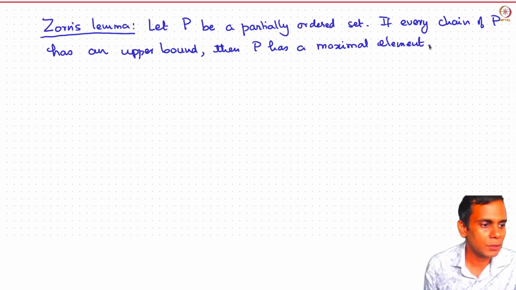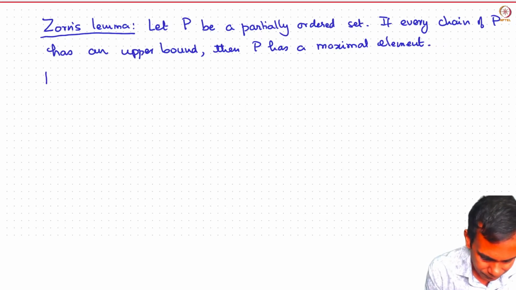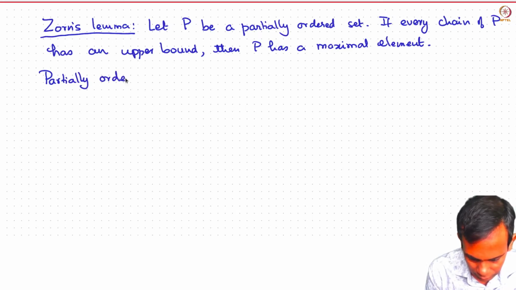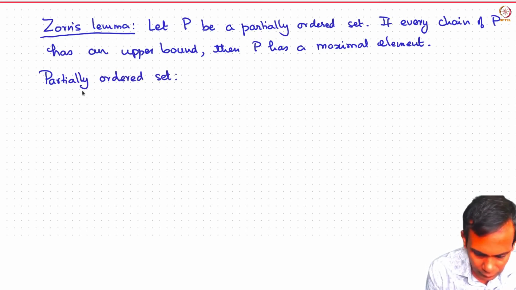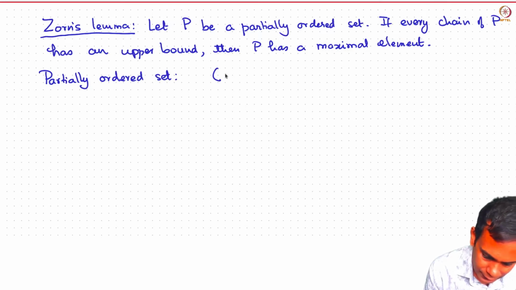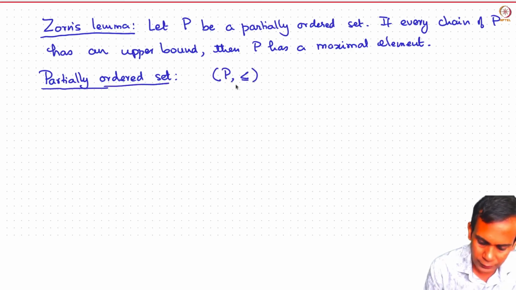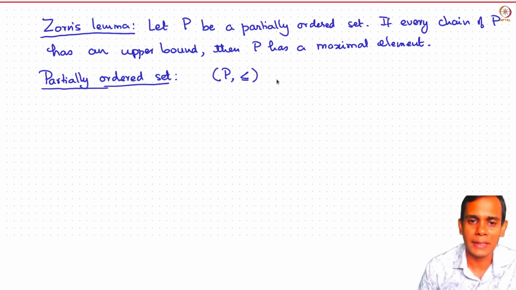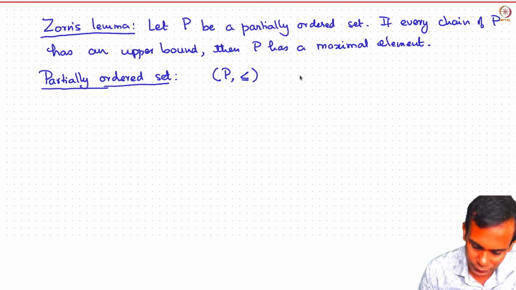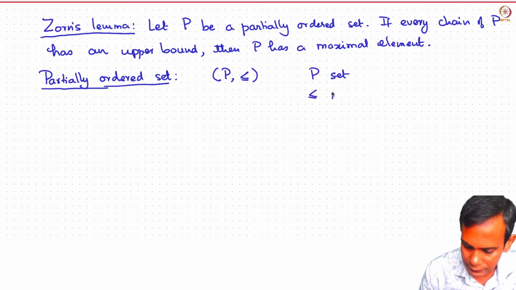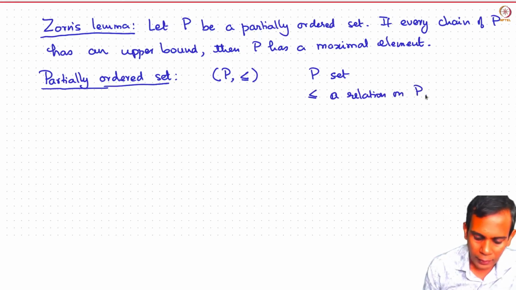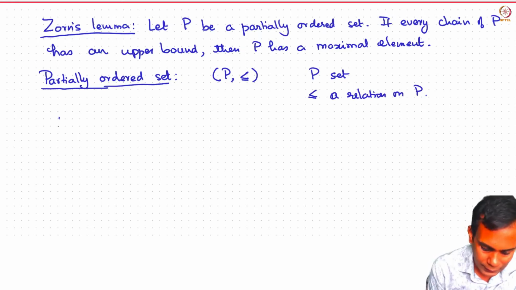So that's the statement. Let's now break it down and see what each of these terms means. To begin with, let's talk about partially ordered sets. What is a partially ordered set? A partially ordered set is a set P together with a relation, less than or equal to, which is a partial order relation. So P is a set and this is a relation on P, and it must satisfy the following axioms.